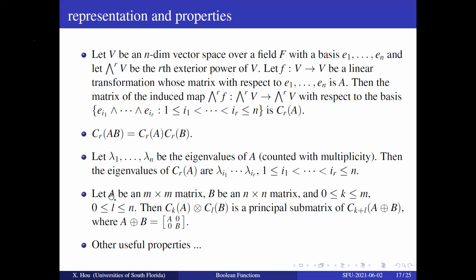Let's say A is an m by m square matrix, B is an n by n square matrix, and you choose an integer k between 0 and m, and an integer l between 0 and n. Then you have the kth compound of A and the lth compound of B, and you can form the tensor product. It turns out that this tensor product is a principal submatrix of a compound matrix. What is this compound?